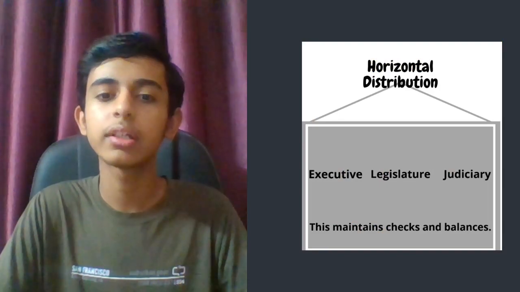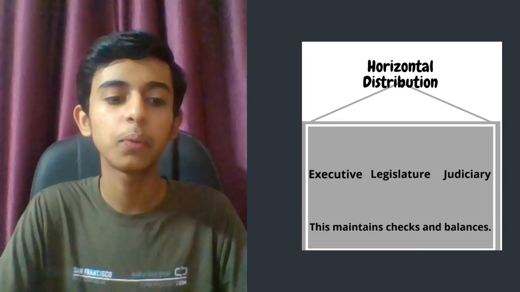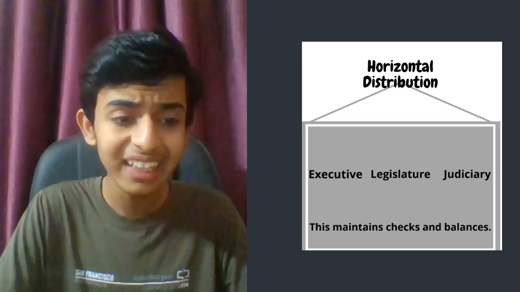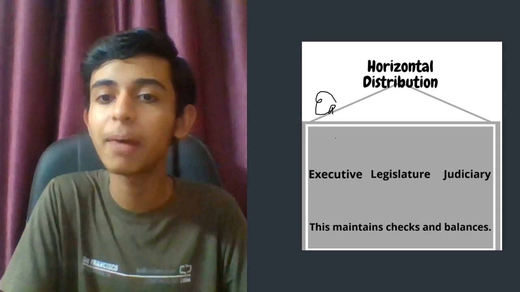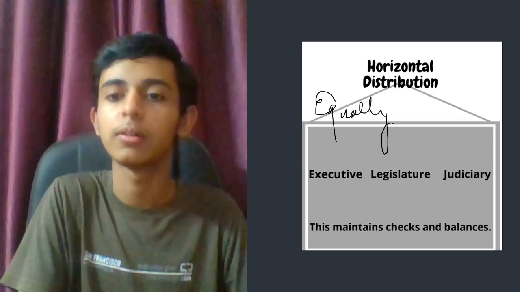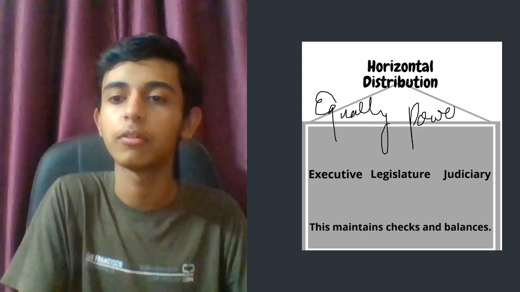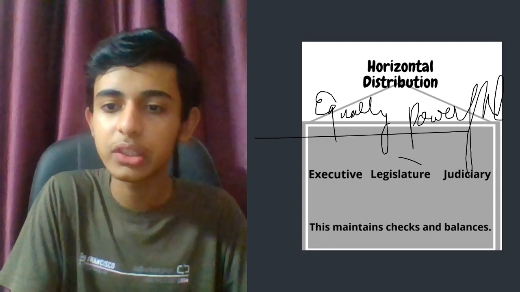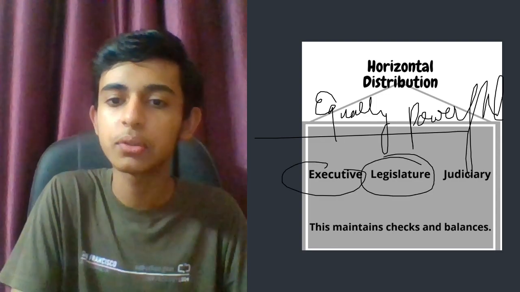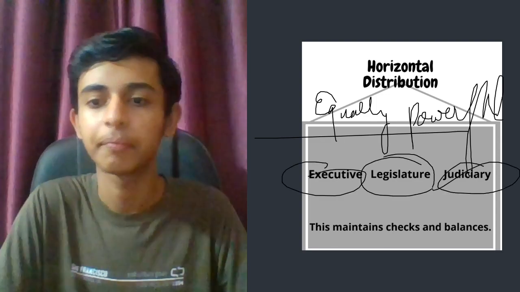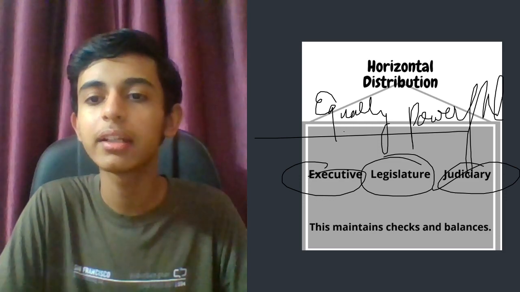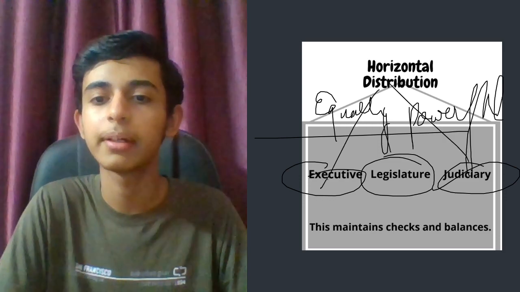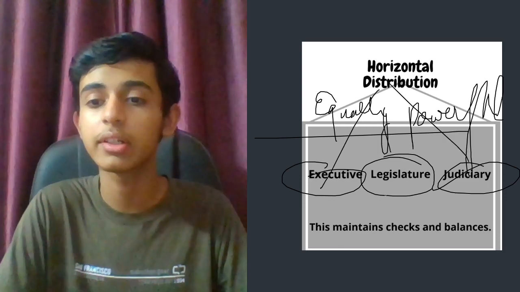Now, number 1, horizontal distribution. In this, what is going to happen? All of them are equally powerful. One important point: what comes under it? The legislature, executive and the judiciary. In this manner, the power is distributed among executive, legislature, judiciary.